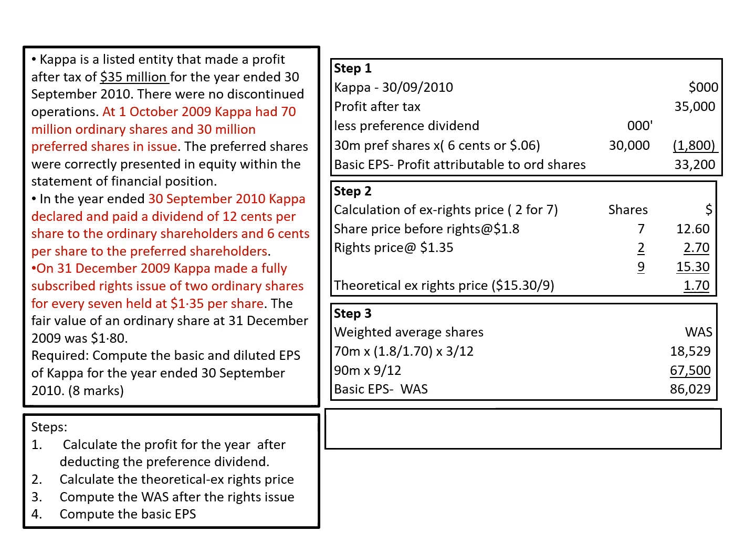So altogether, the basic weighted average shares is 86,029,000 shares. Step 4, we divide the basic earnings, which is 33.2 million, by the weighted average shares of 86,029 million, and that gives us a basic EPS of 38.6 pence.